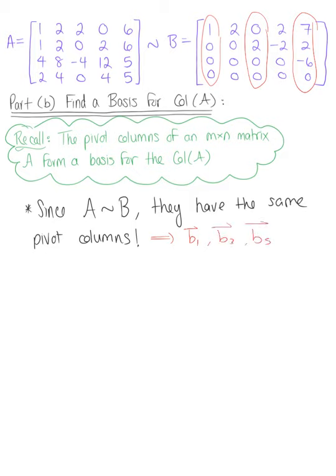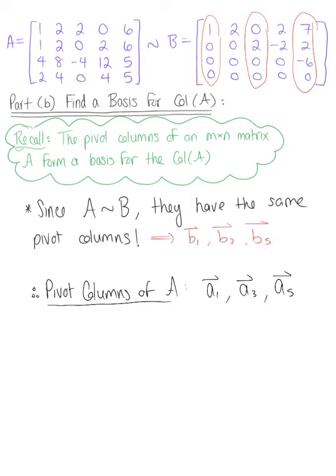So this means that the pivot columns of matrix A are going to be vector A sub 1, vector A sub 3, and vector A sub 5. You just want to be mindful here that we have to use the pivot columns of A. So we're using A sub 1, A sub 3, and A sub 5.